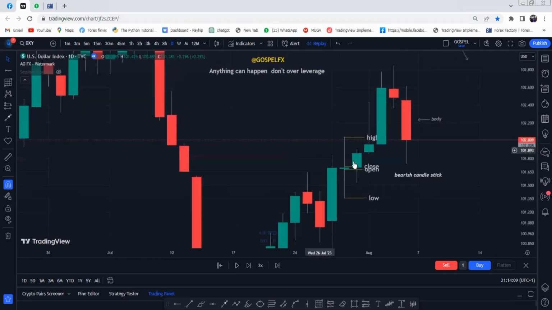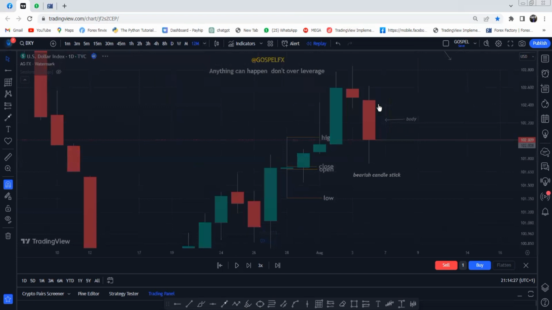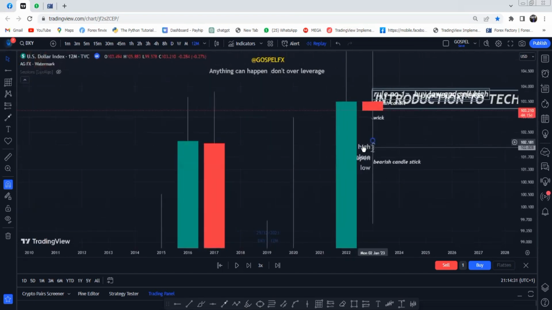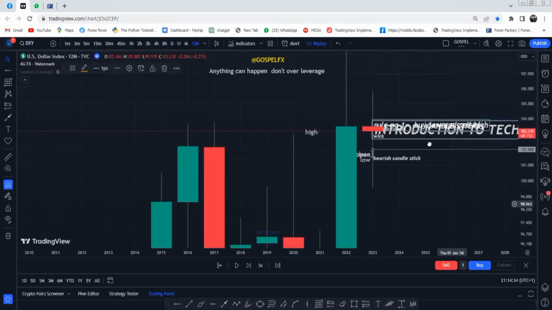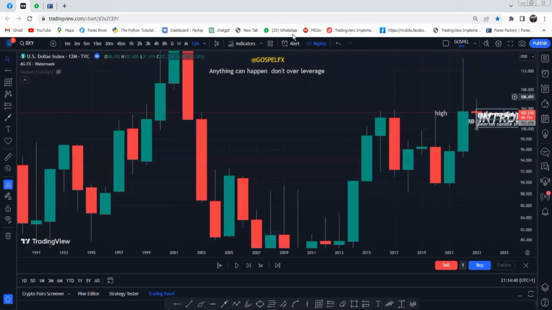Every candle here is the same. Everything I've explained based on the opening, high, low and close of the candle is the same across all time frames. If you go to the monthly, the 12 months, which is the yearly chart, you will notice that each candle has a high, a low, and an opening price and so on.